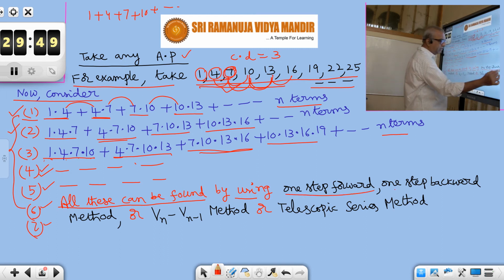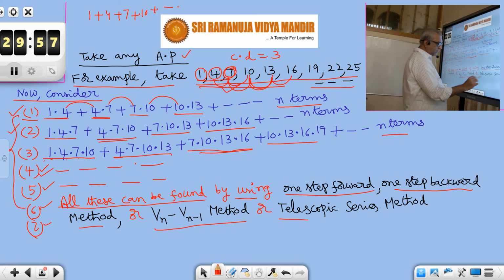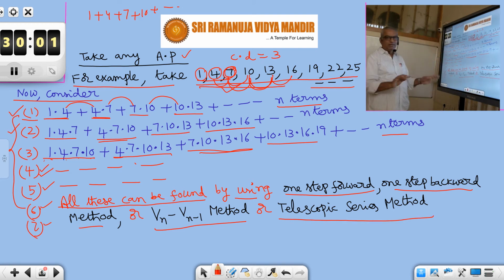One step forward, one step backward method, or Vn minus 1 method, or telescopic series method, which are the same, only the names are different. All these are one method with different names.